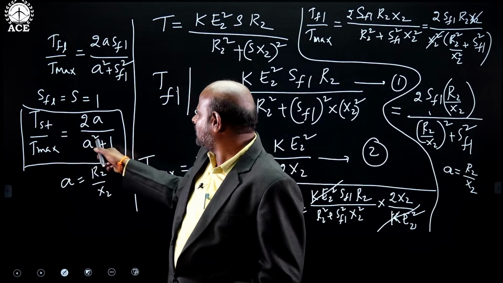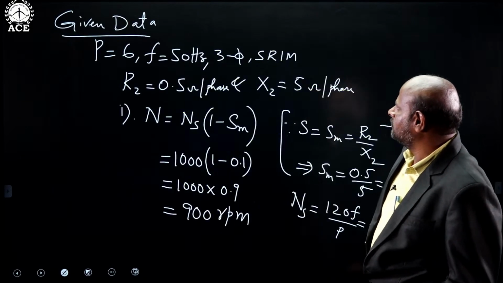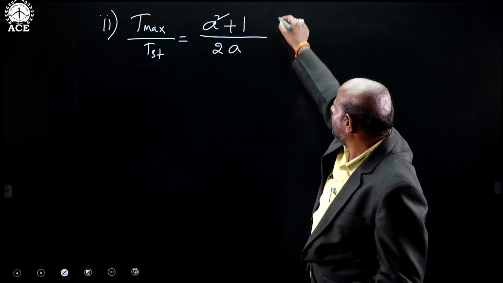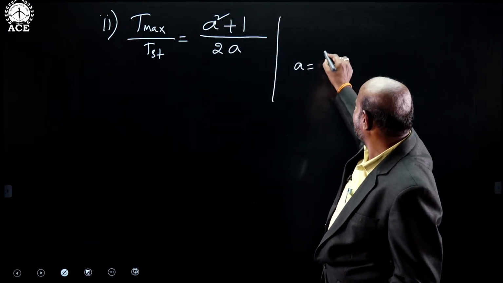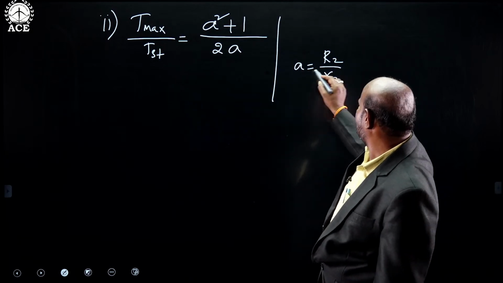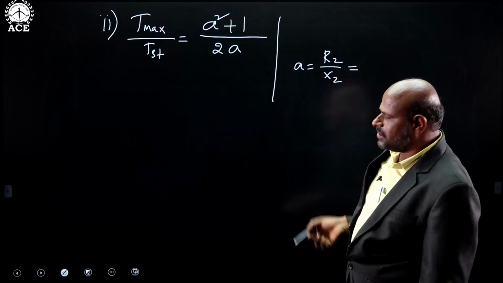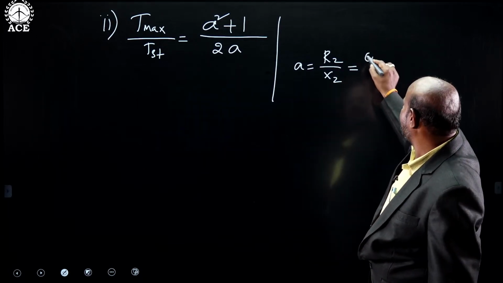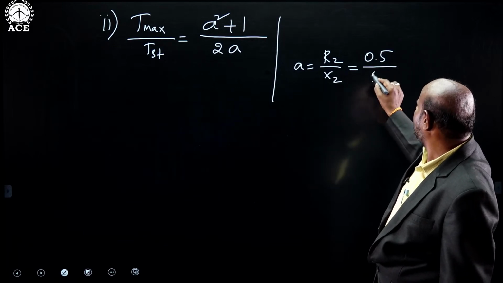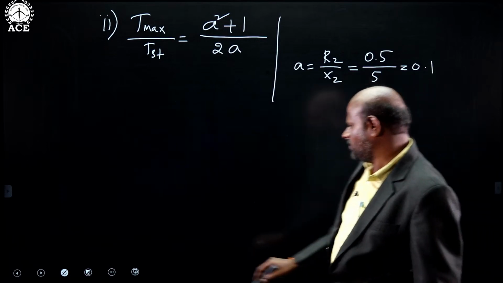So T max by T starting is a square plus 1 by 2a, where a is R2 by X2. This is the condition for maximum torque. R2 is given as 0.5 and rotor reactance is 5, so a is 0.1.